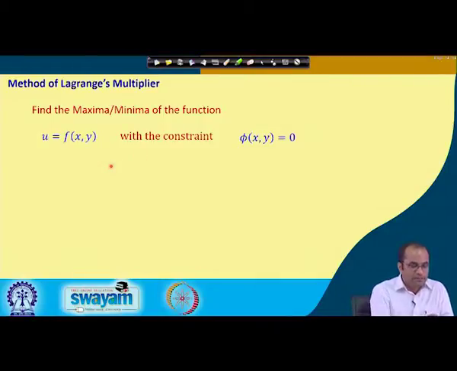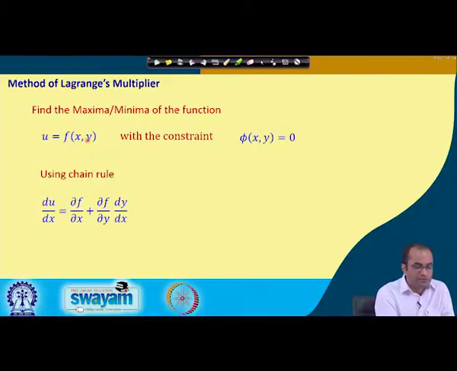Let me explain the method of Lagrange multipliers. Using the chain rule, with u = f(x, y), we can get du/dx directly, because y is a function of x here. We have the relation between x and y, so by removing y we have a function of x, and du/dx makes sense.